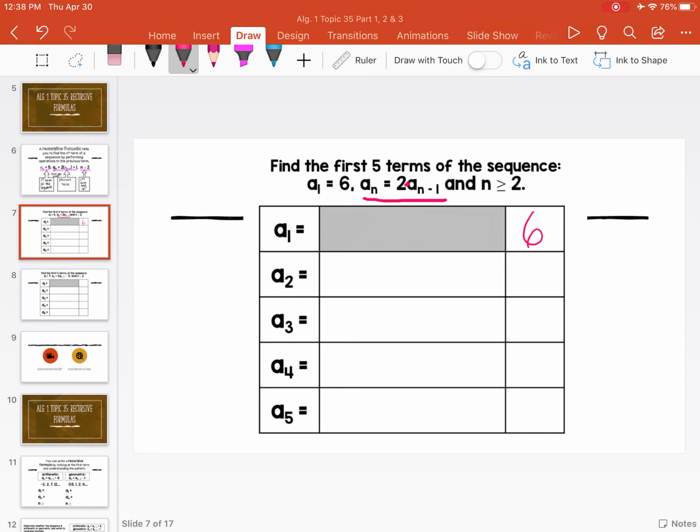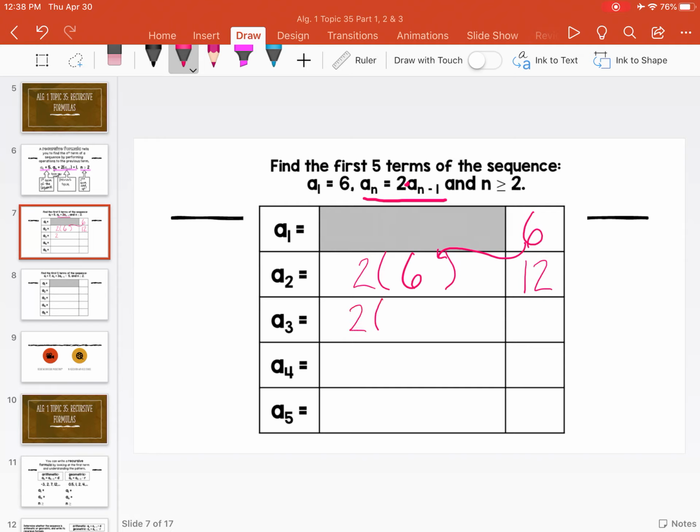So now that we know that the first term is 6, we're going to take our rule of multiplying the previous term by 2. So all I'm doing is just plugging in the previous term into the pattern that was given. 2 times 6 gives us 12. So the second term of the sequence will be 12.